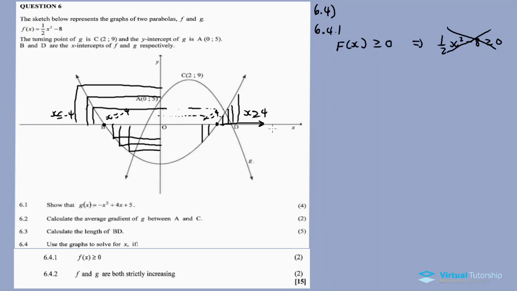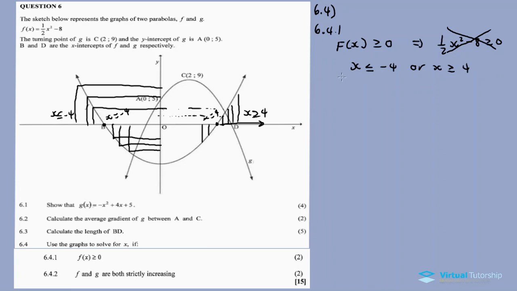And to the right of 4, I get a y value greater or equal to 0. Going to the left of -4, I get a y value that is greater or equal to 0. So our solution here will be x less than or equal to -4 or x greater or equal to 4.